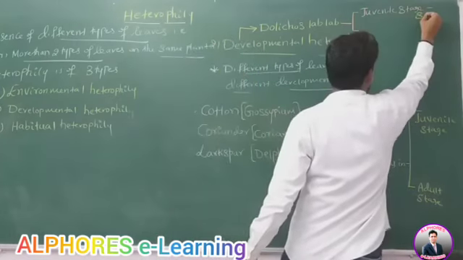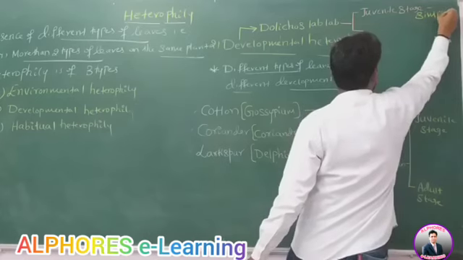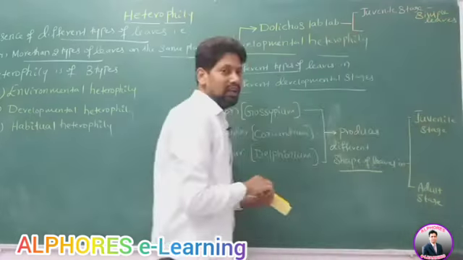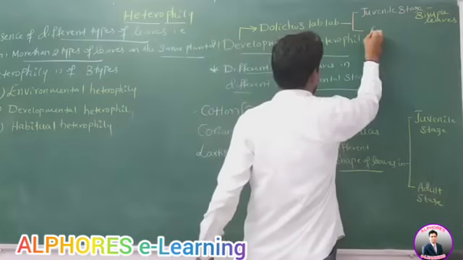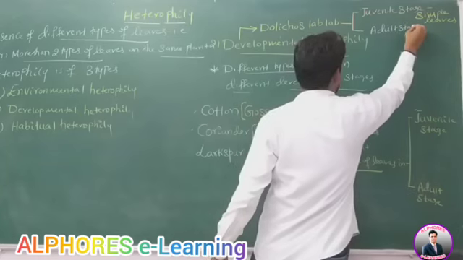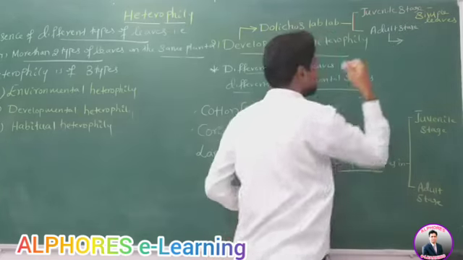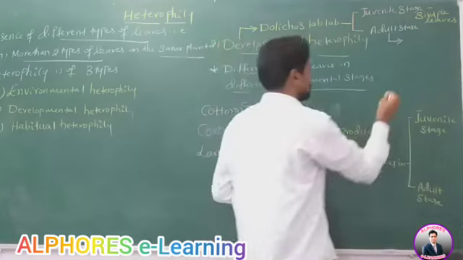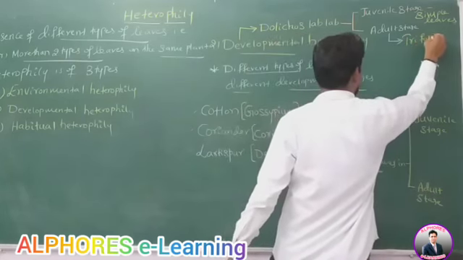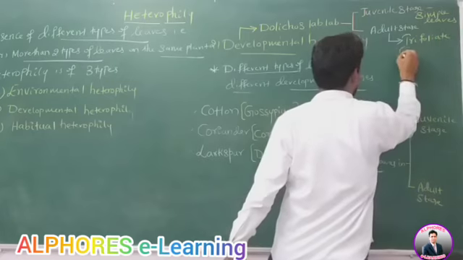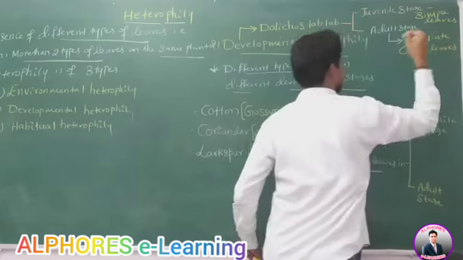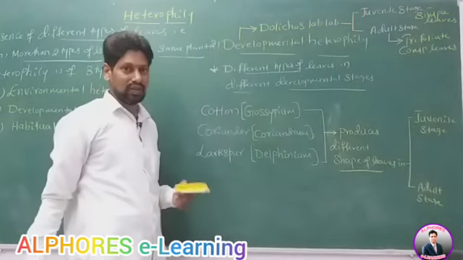In the juvenile stage, which leaves are present? Simple leaves are present. Whereas in the adult stage, it is with trifoliate compound leaves. Is this statement okay? Right?